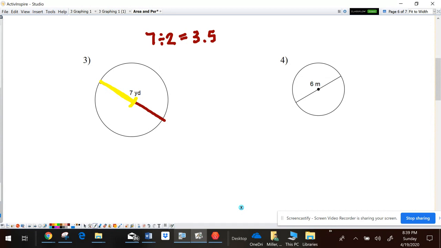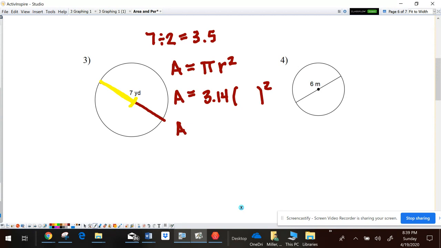So now I need to use my formula. Area equals pi times r squared. Area equals 3.14 times my radius squared.